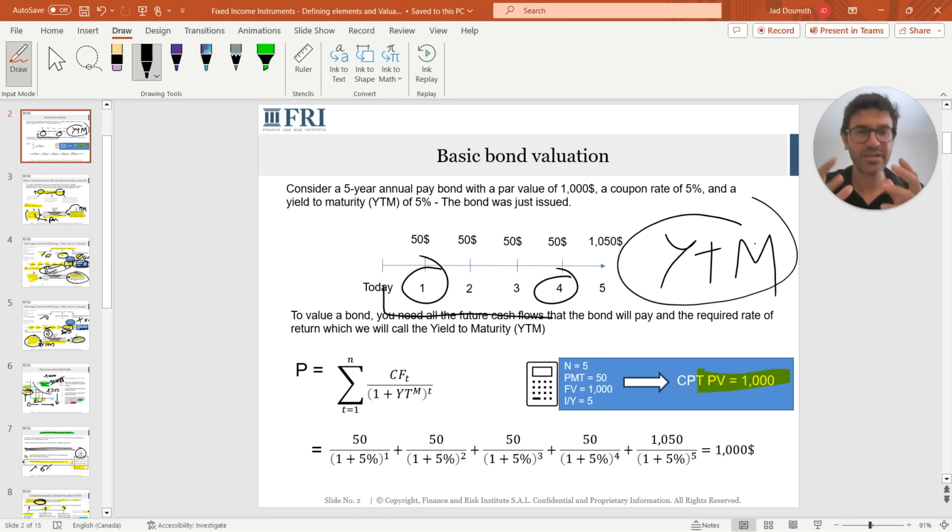Things are breaking down here, because a 1 year cash flow has a risk that is lower than a 2 year cash flow, which itself has a risk that is lower than a 5 year cash flow, but still we are using the same yield to discount each cash flow.